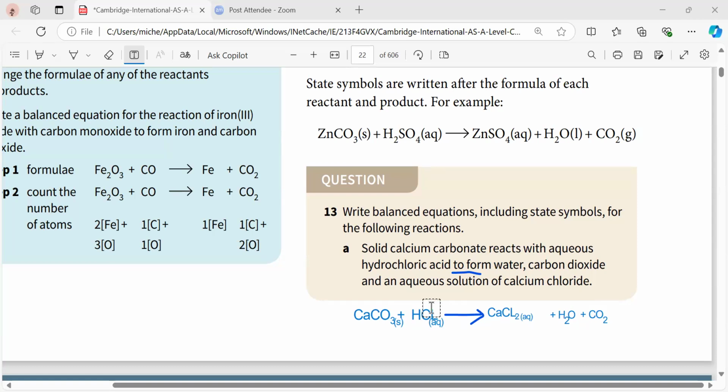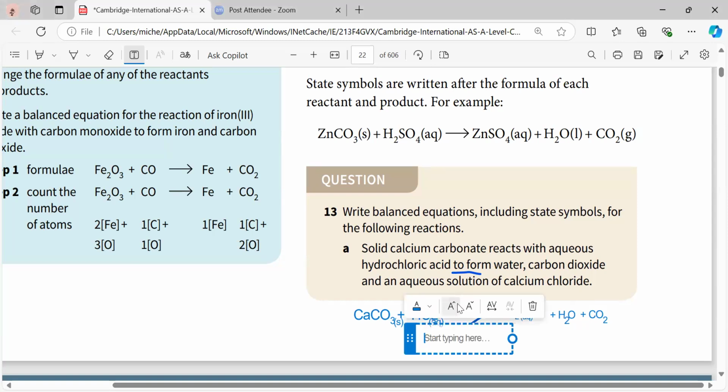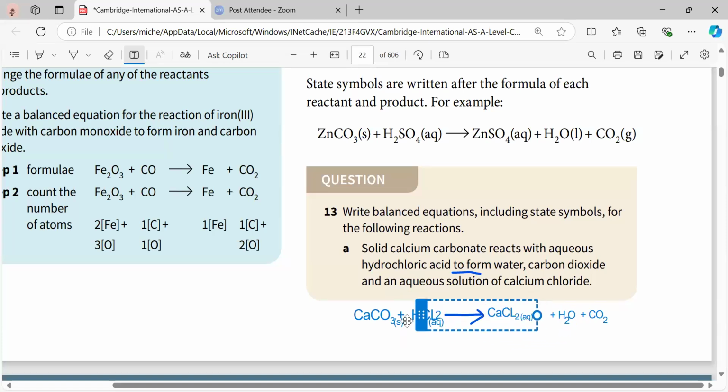Right here we only have 1 hydrogen, but we have 2 hydrogens from water. So that's why we're going to add 2 in front of hydrochloric acid. So now we have 2 hydrogens on the left, and 2 hydrogens on the right. So hydrogen has been checked.